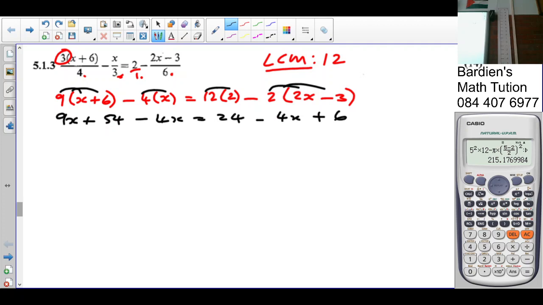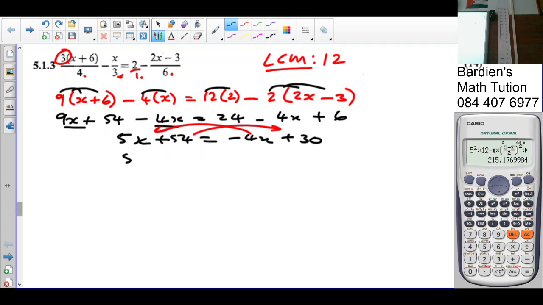Now what do we do? Add like terms, okay? So 9x minus 4x, 5x plus 54 equals minus 4x plus 30. Now what? The x's.